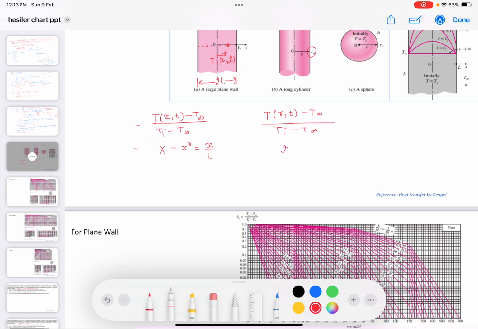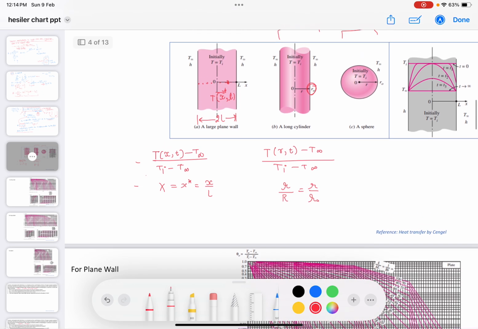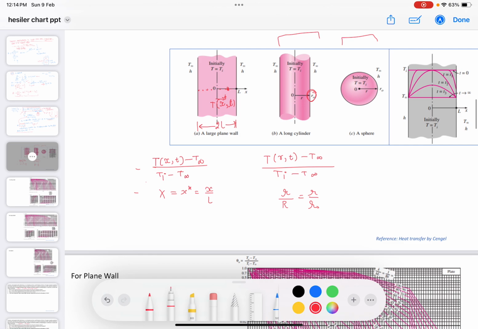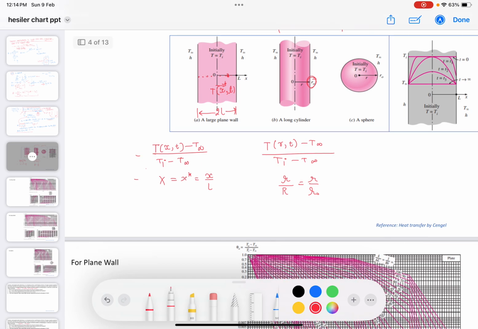And for this cylinder, it will be small r by capital R, or R naught. R naught is the radius of this cylinder. Just for the sake of completeness, Ti is the initial temperature. At every point, the temperature will be the same inside the body.